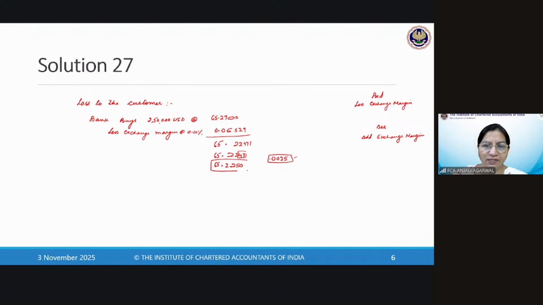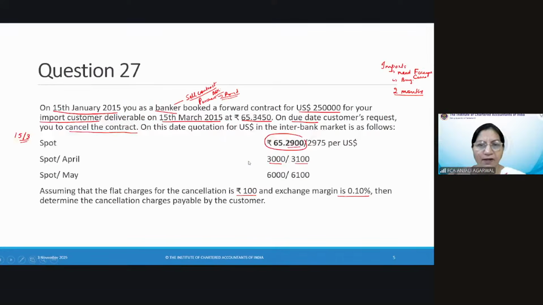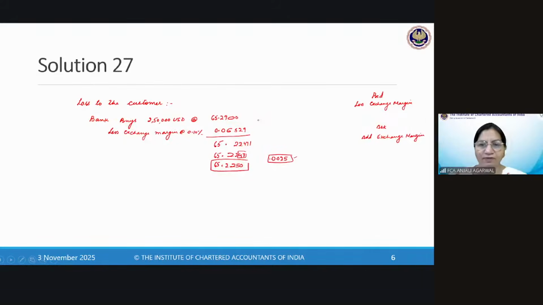So the bid rate is 65.2250 and the ask rate was 65.3450. There will not be any margin added to this because it has been quoted by the bank to the import customer already. So whatever the margin is, it must have already been included. The difference, the customer will pay.